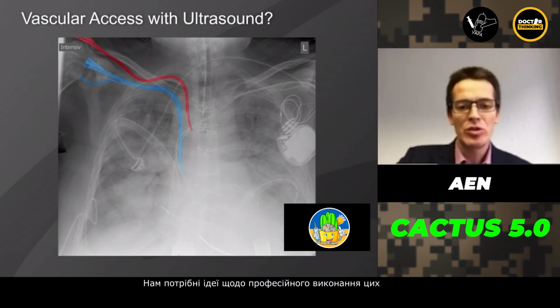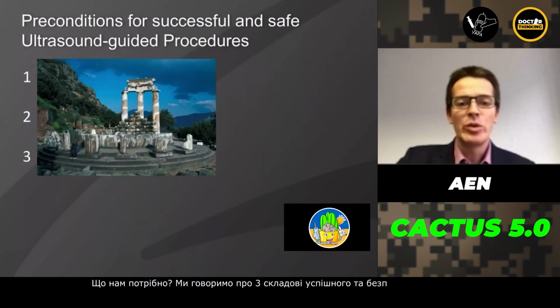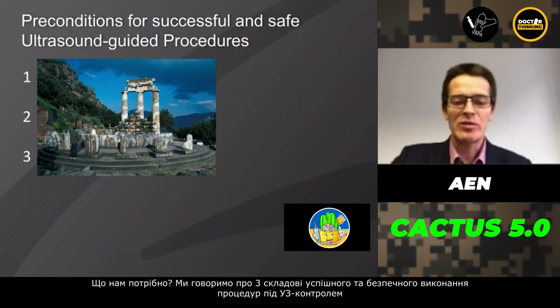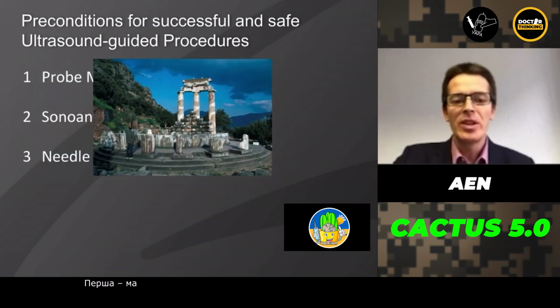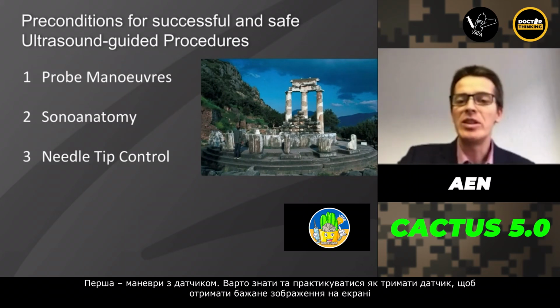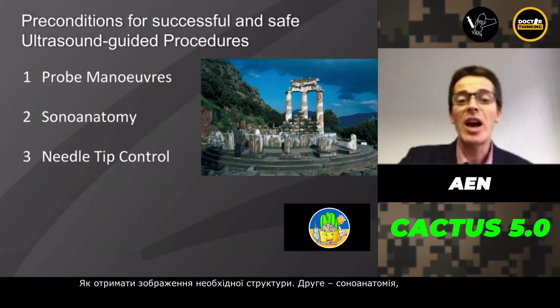So we need to have some ideas how to really master this method professionally. So what do we need? We normally talk about three pillars as preconditions for safe and successful ultrasound-guided procedures. The first one is basically probe maneuver. So we need to know and to practice how to handle the probe, how to get what we want on the ultrasound screen, so how to get the target structure.